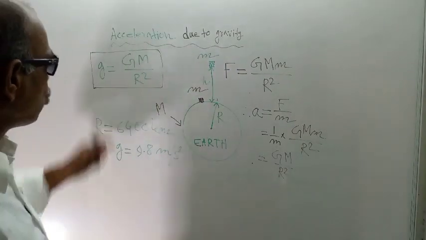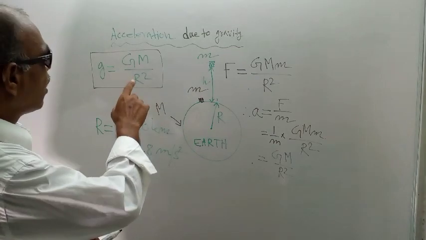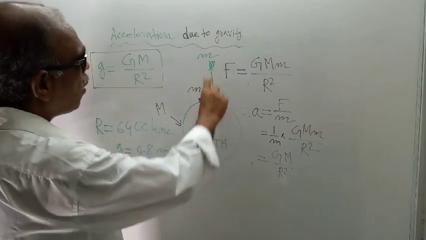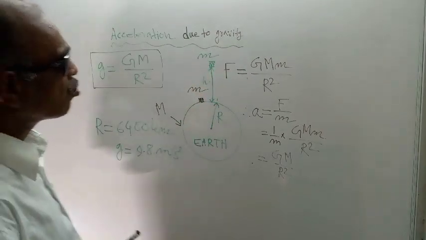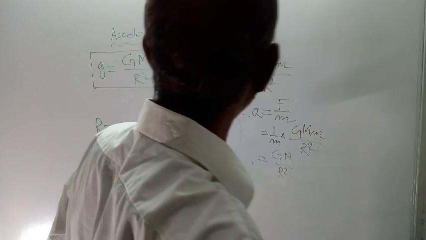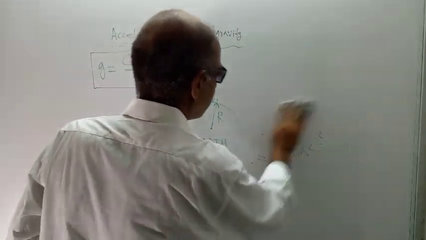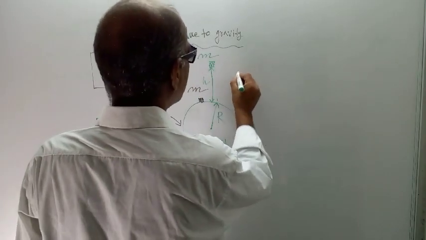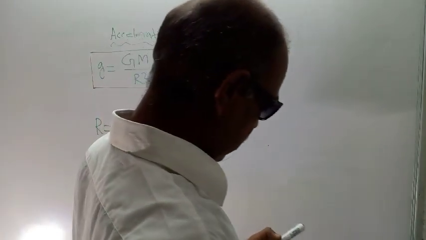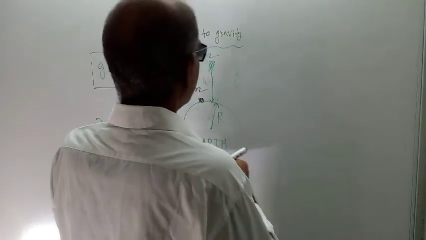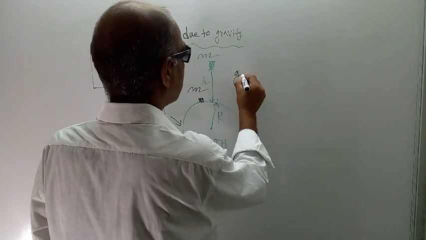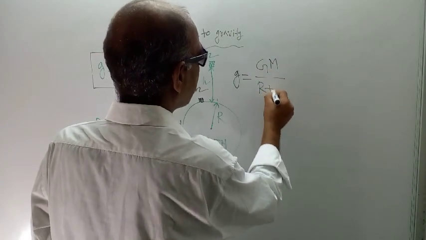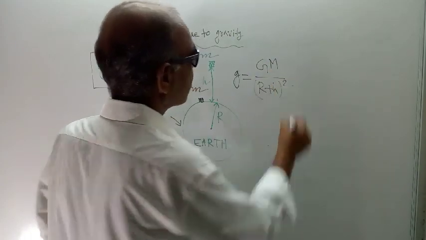In that case, g will be capital G, capital M, and this R will be replaced by R plus h. So in that case, small g will be equal to capital G, capital M divided by R plus h whole square.